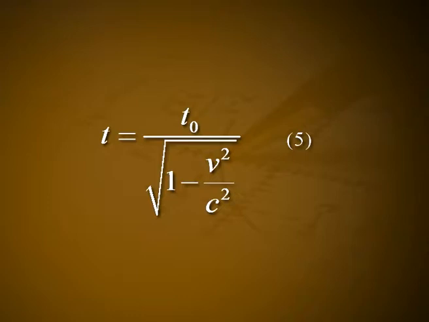In the S frame, we can find the speed of B, Vb, using the equation Vb is equal to y divided by t, let it be equation number 4, where t is the time needed for B to make its round trip as measured by the observer in S. But the time taken for the round trip is t is equal to t naught divided by square root of 1 minus v square by c square, let it be equation number 5.